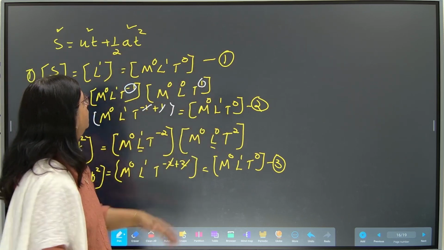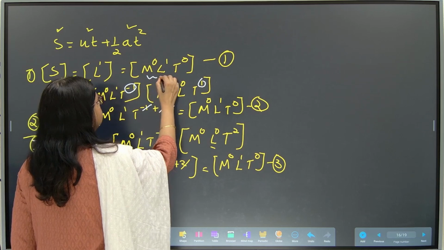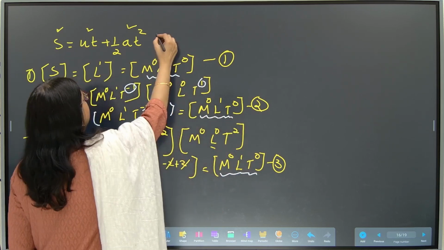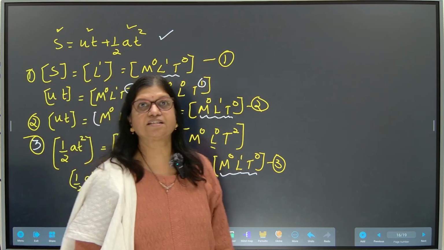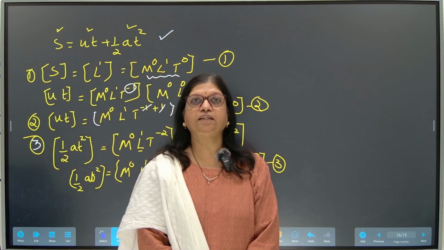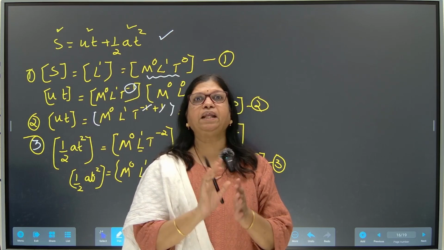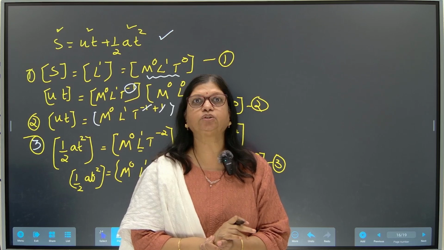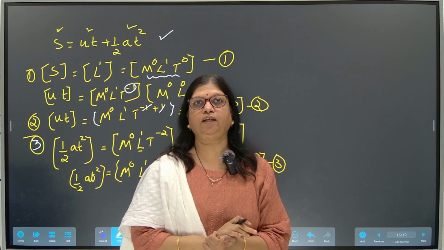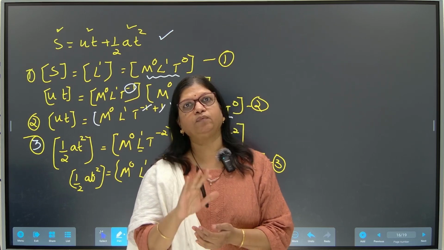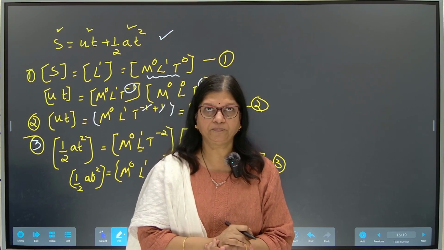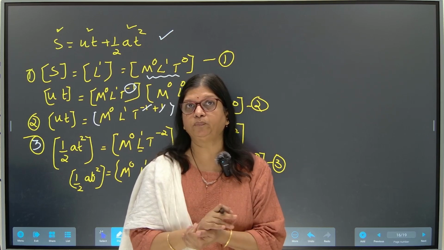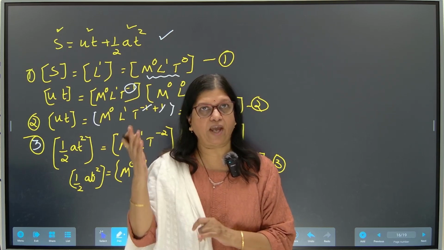All three have the same dimensional formula. So is this equation correct? Yes. Understood? Okay. So by different examples, we can keep doing such questions to check the correctness of the equation. One more we shall do. Then we will go to the other type where we can understand how to use this principle of homogeneity and find some other values. Fine.